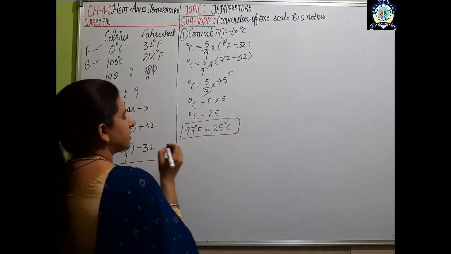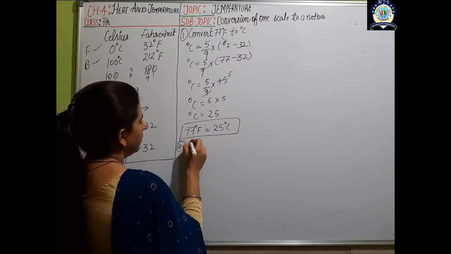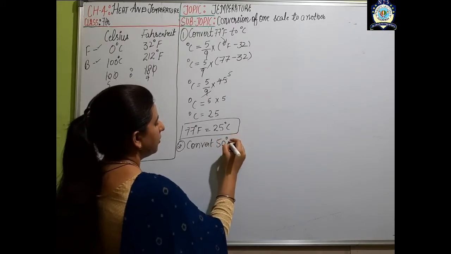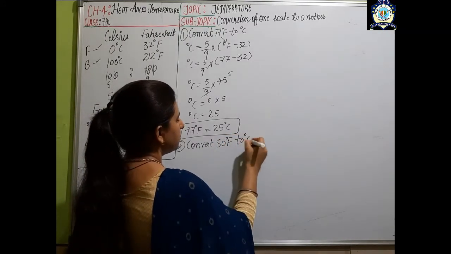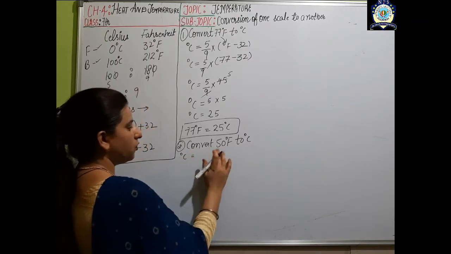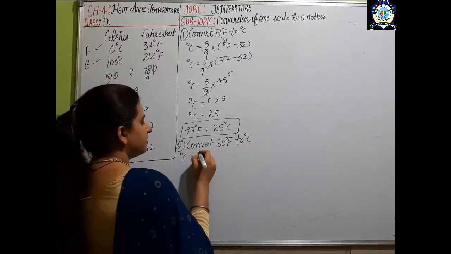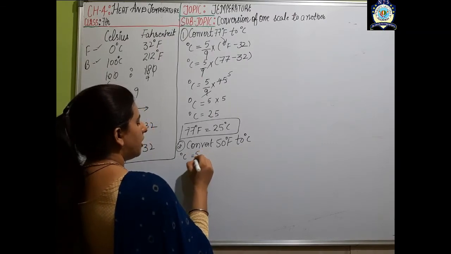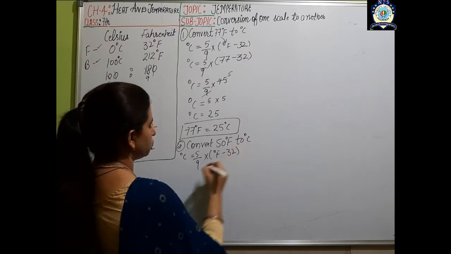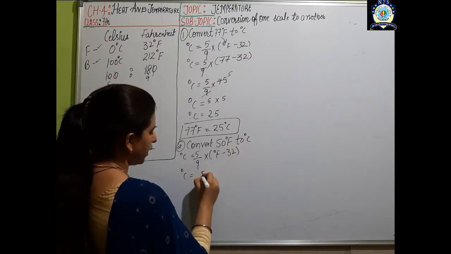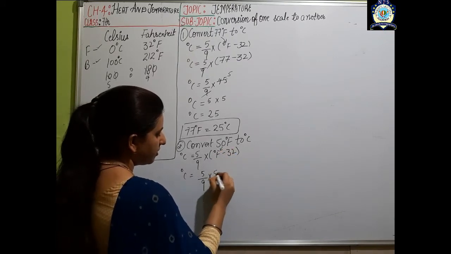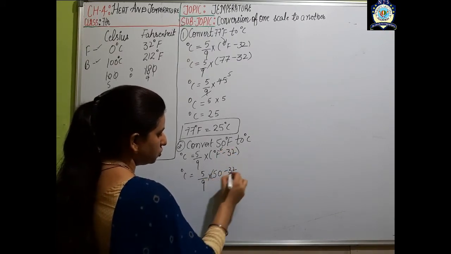Let's take one more example. Convert 50 degree Fahrenheit to degree Celsius. Now what will we do? We will write the formula first of degree Celsius, because we want to find out the degree Celsius. Then degree Celsius is equal to 5/9 multiplied by degree Fahrenheit minus 32. Now degree Celsius is equal to 5/9 multiplied by, we will put the value here, that is 50 minus 32.